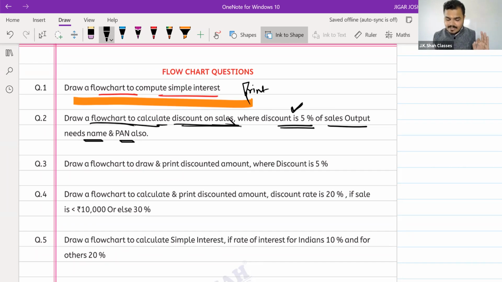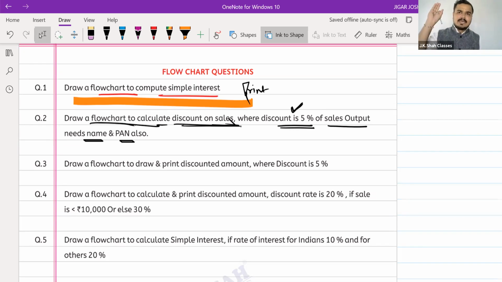Yes, sir. So when the value of any variable is already given in the question, my dear children, it will never ever be taken as input. Understood? Yes, sir. It will be directly processed because we will not ask the user to enter the percentage. Percentage is pre-decided.